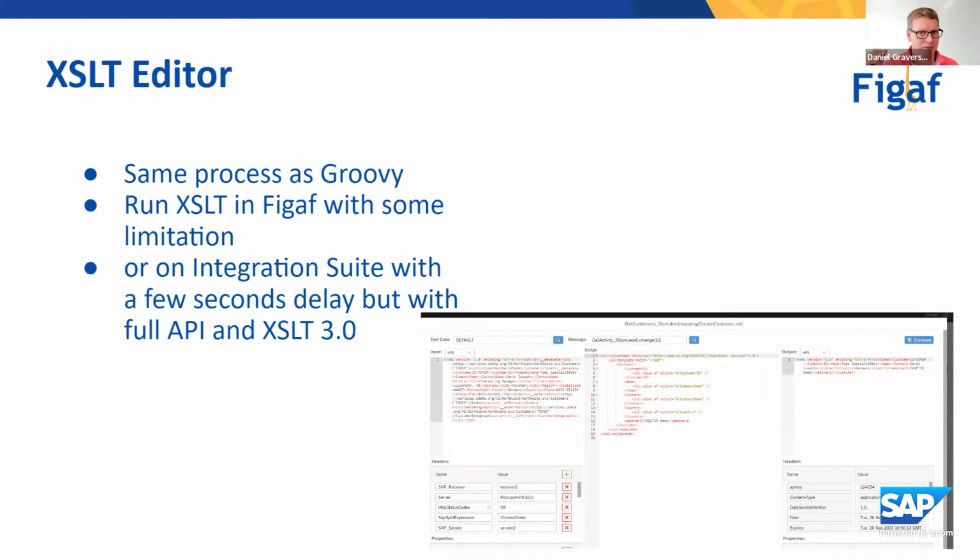With here, we can select that it should be running on the Integration Suite system. That means you can use all the Java APIs and functions and mapping versions that are provided by the Integration Suite platform. All in all, making it a lot easier to develop this integration.